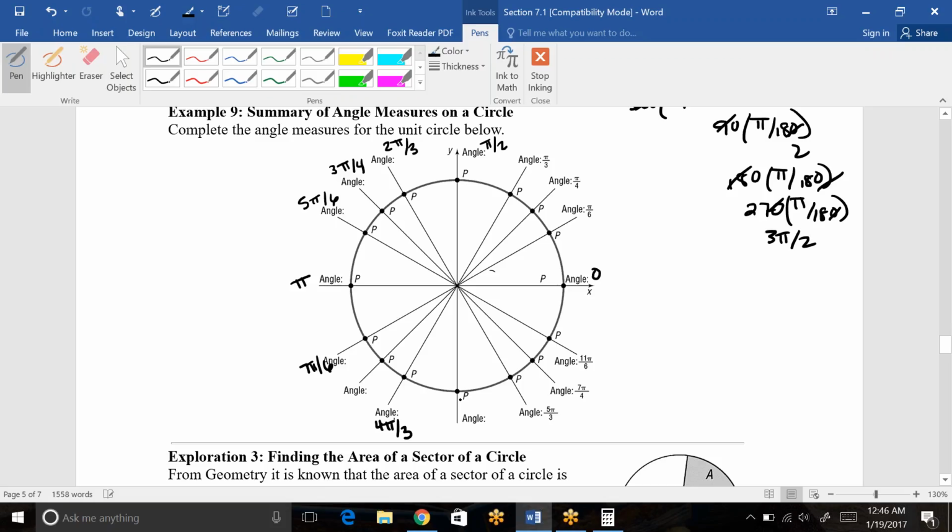Next equal jump of 6, remember the group of 6 that we're trying to create down here, 6 wedges that are the same size. This would be 9 pi over 6, which actually reduces to 3 pi over 2. This one is 10 pi over 6, which they've already reduced for you to 5 pi over 3. And this one is the 11 pi over 6, and this is actually 2 pi, which relates to 12 pi over 6.